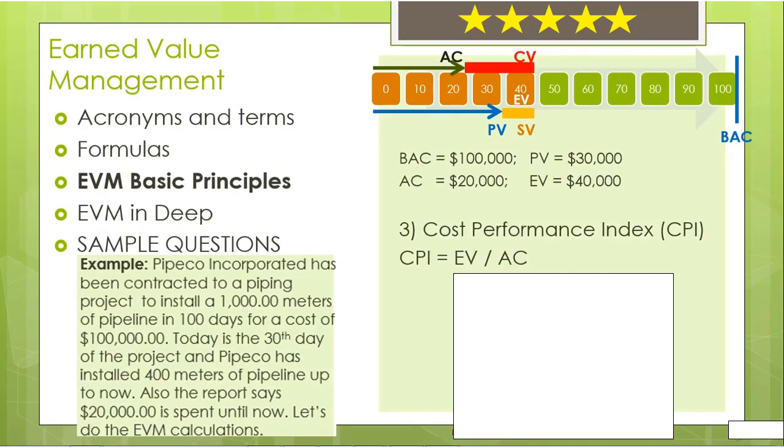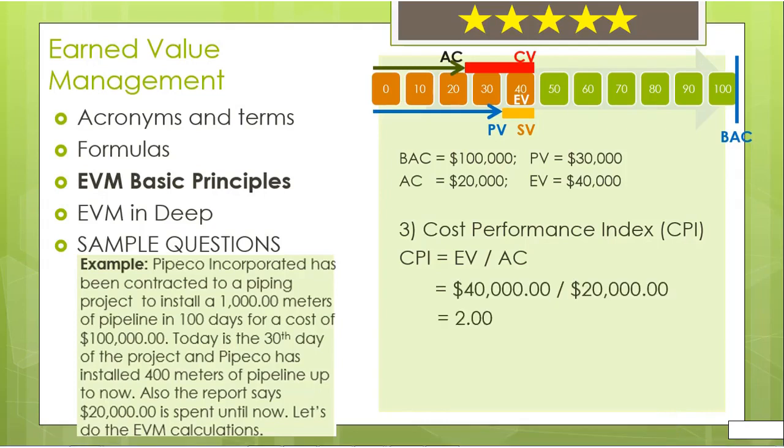This is how many times the earned value is greater or lesser than the actual cost. Since earned value is the value of the work done until now, by dividing it by actual cost, we will get dollars for the worth of work out of every $1 we spent.